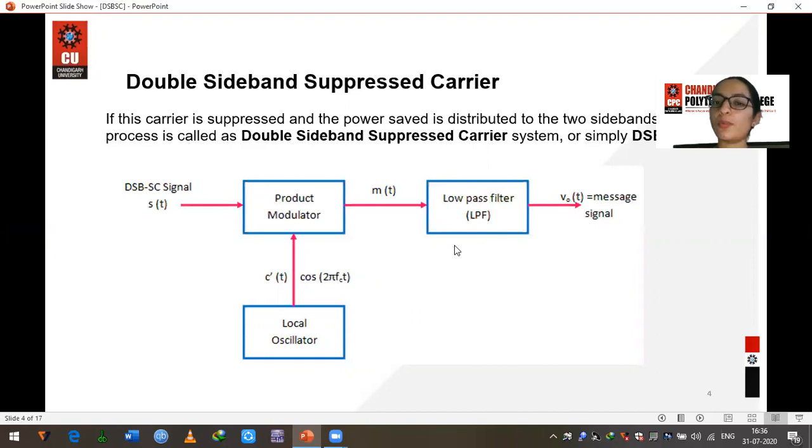After using a low pass filter, which passes only the low frequencies, we get the message signal at the output.